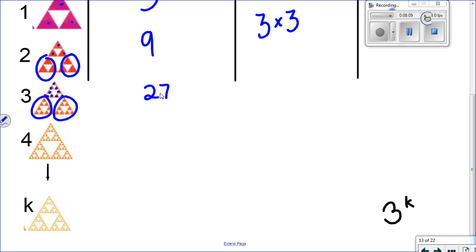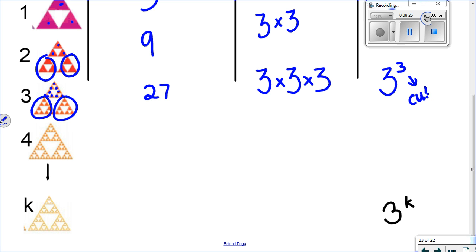And really all we've done then is take the last step. So 3 times 3, we just put that one again. Now in exponent form, we have 3 to the third power, or 3 cubed. Okay, 3 cubed.